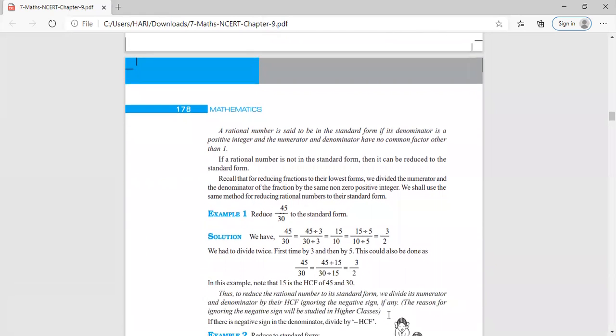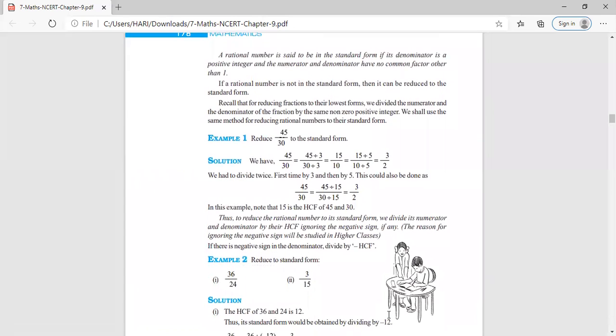Now we will consider another example. 36 upon minus 24. See, here the denominator is negative. So what will we do? We will multiply both the numerator and denominator by -1, so that the negative sign moves from the denominator to the numerator. 36 by -24, we multiply by -1.